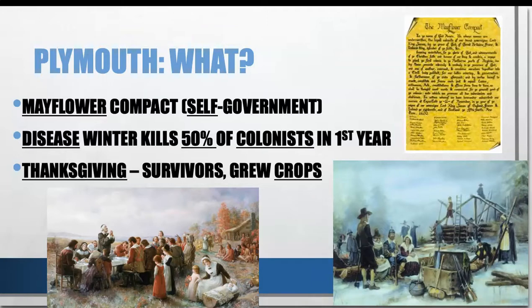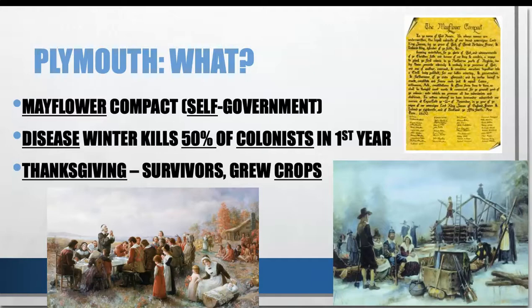Now, they land in the New World in October, November-ish. They don't really set up Plymouth till December, and that first year is absolutely terrible. 50% of the colonists are gone in their first year, because they're trying to build a house in November and December, and then find food and all this other stuff. And it just doesn't work.